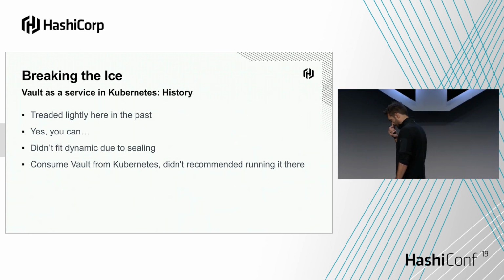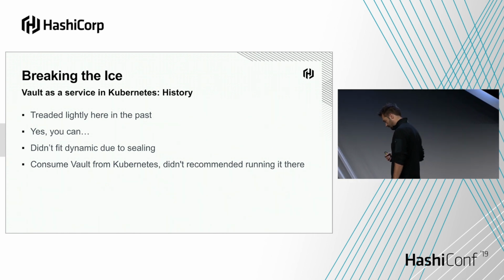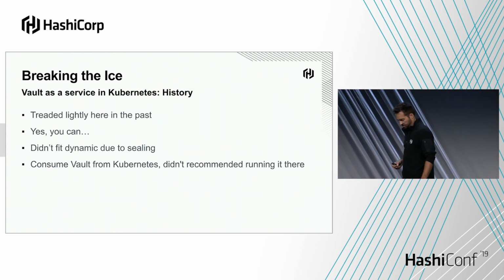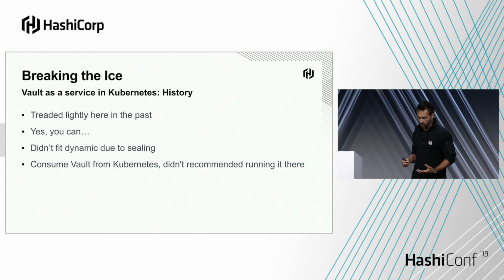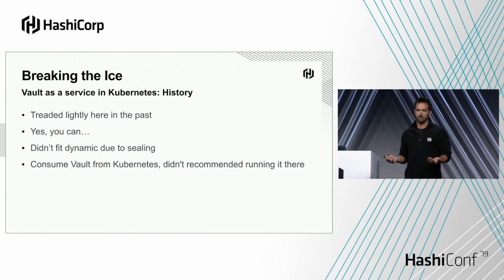Plus, up until about a year ago, Vault has this concept of coming up sealed, and you need to use the keys that were created during its initialization to unseal it. Well, in a dynamic environment, every time a new Vault server would come up, it comes up sealed.